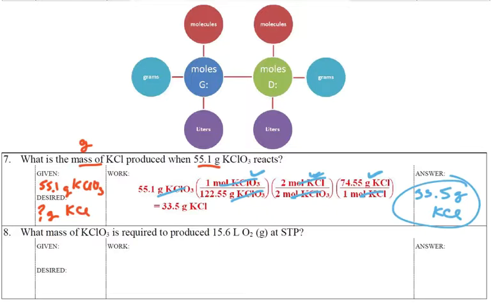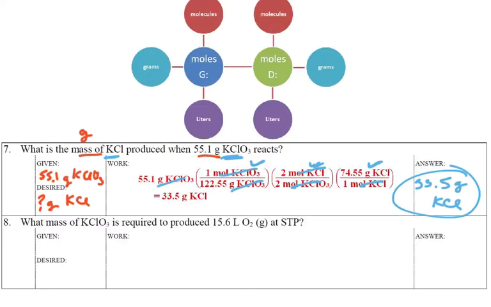Now in these problems, it is important that we put in the chemical because we started talking about KClO3 and then we end up talking about KCl. So grams of what chemical makes a difference now. Okay, the last one down here is we have a problem, what mass of KClO3. So we are looking for grams, and grams in this case is of KClO3.